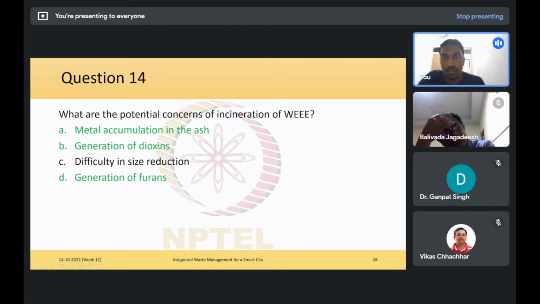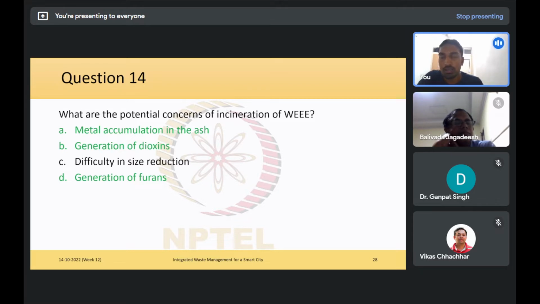But the other three are issues. When we do incineration, we produce ash, some fly ash, and some bottom ash. The metals that are present in the electronic waste could get into this ash and contaminate it. What is the issue there? Some of this ash has to go to disposal.